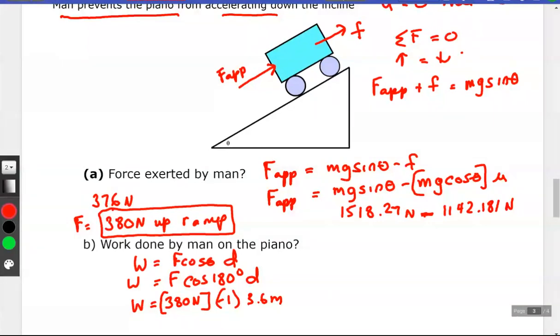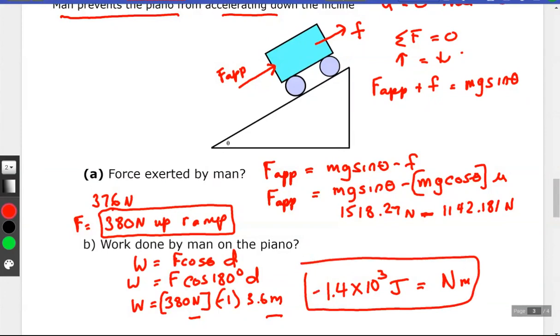Work is, let's see, it turns out to be negative with two significant digits. It turns out to be negative 1.4 times 10 to the 3 joules. And remember, joules is a unit of energy, or you can answer newtons times meters, because you multiplied a newton times a meter. So a newton times a meter is a joule, and there you go.